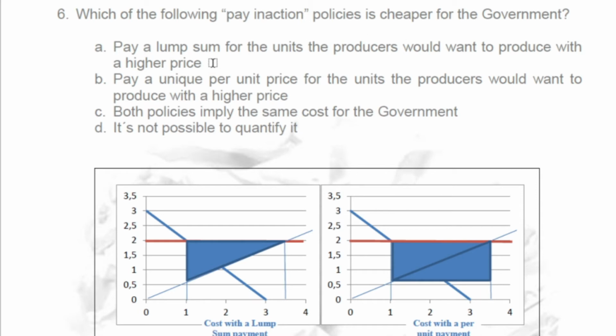So it's cheaper for the government to pay a lump sum for these units.